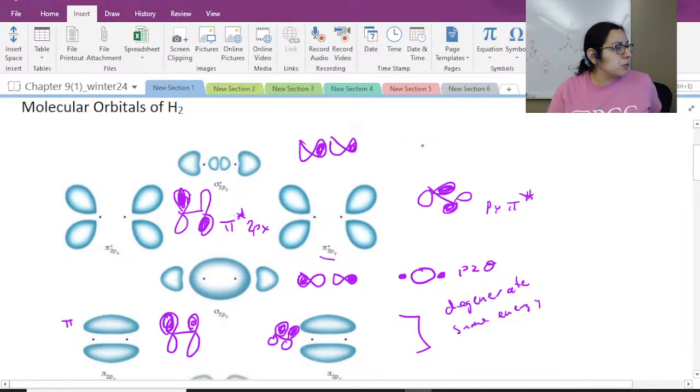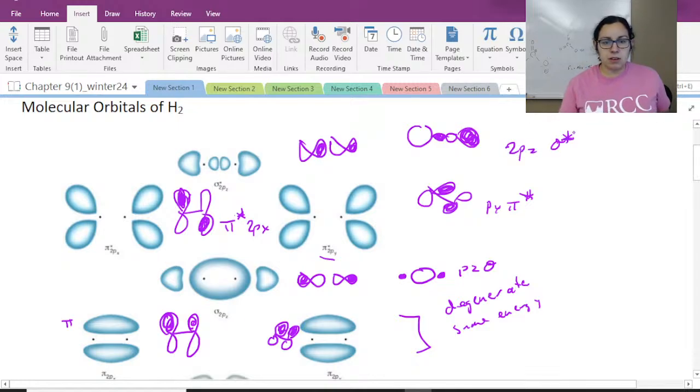Or sometimes people draw it large and then small, large, to show that these cancel. Something like that. And this is now our 2pz sigma anti-bonding.